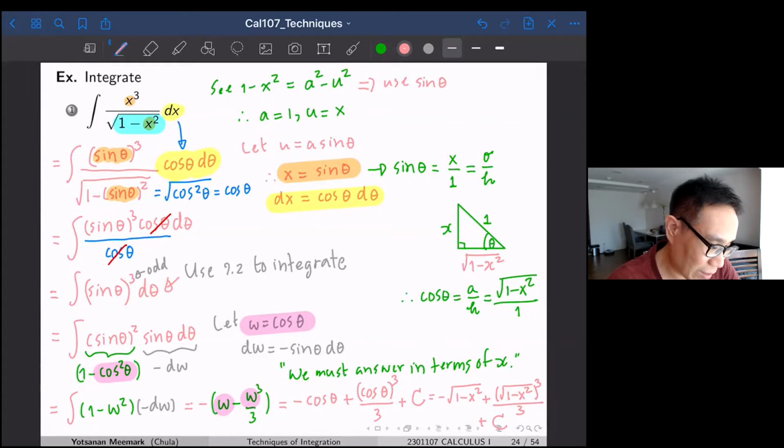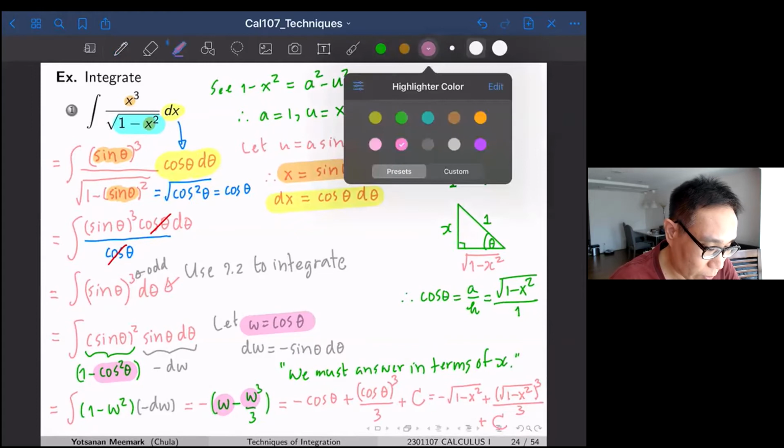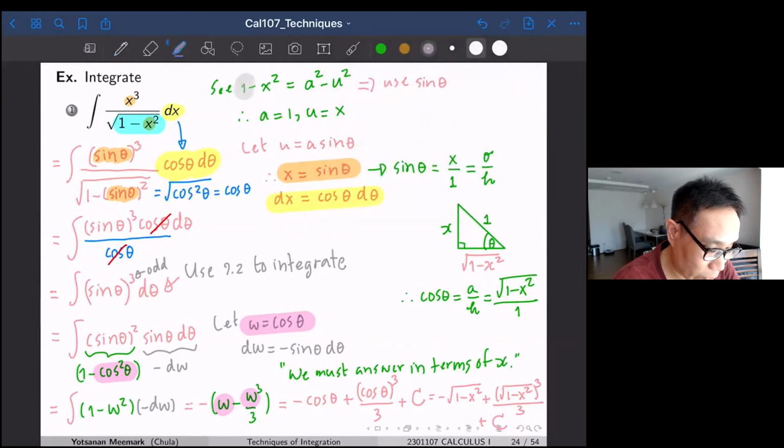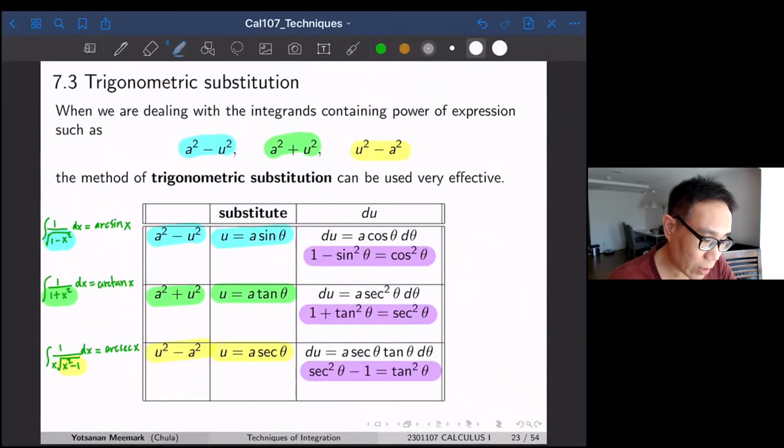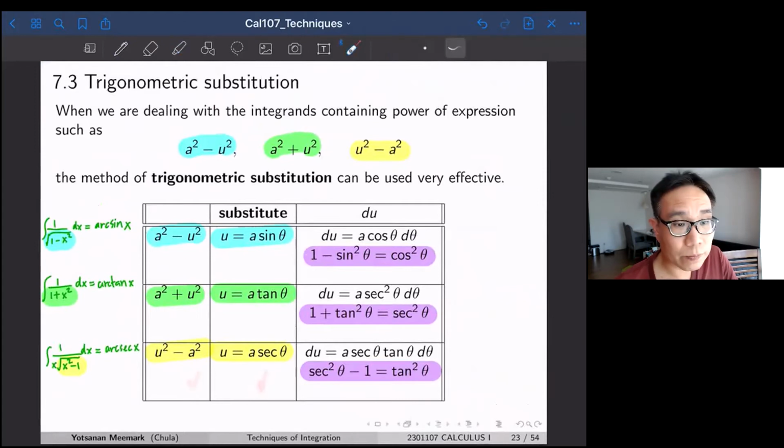You see 1 minus x squared, use sine. This is the thing that you need to memorize. Basically, it's just the first two columns, together with the trigonometric identity.